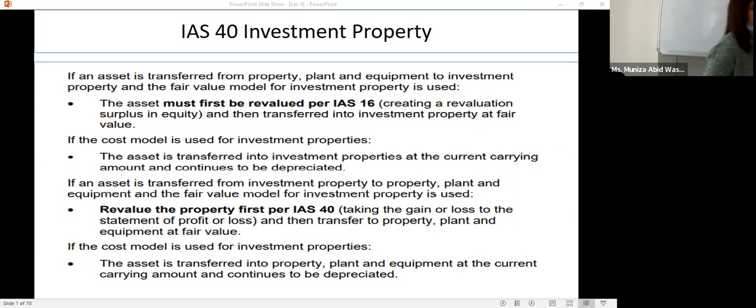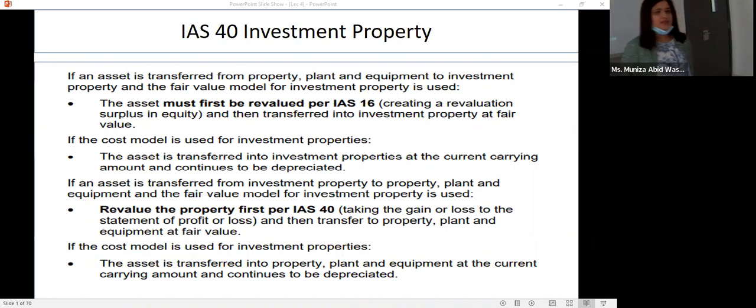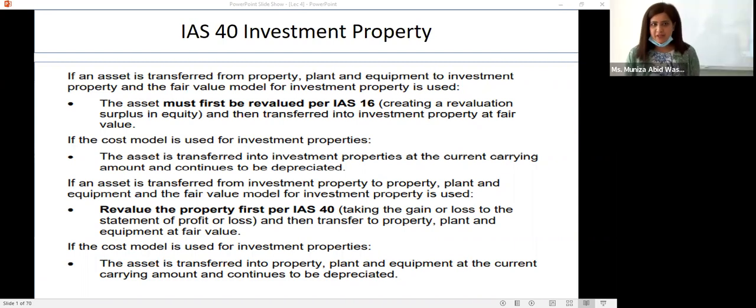Okay, my dear students, as you do know that in our last lecture, we finished our discussion at IS 40. IS 40 investment property was under discussion, and we had ended our discussion while we were on the last part of investment property. IS 40 is very similar to IS 16 and IS 38.